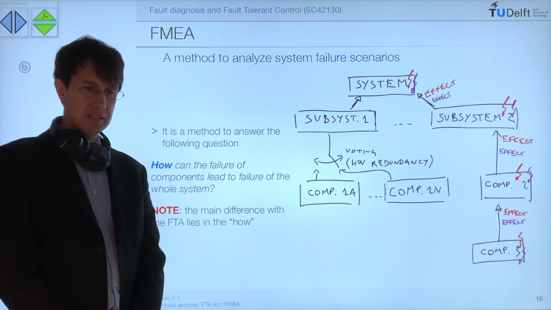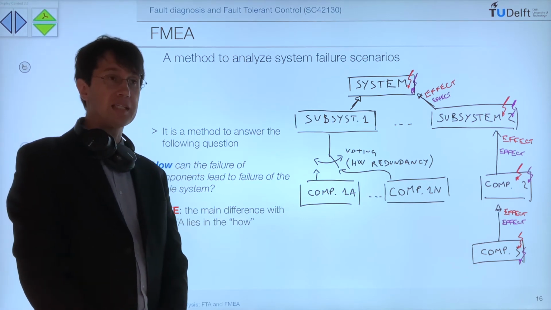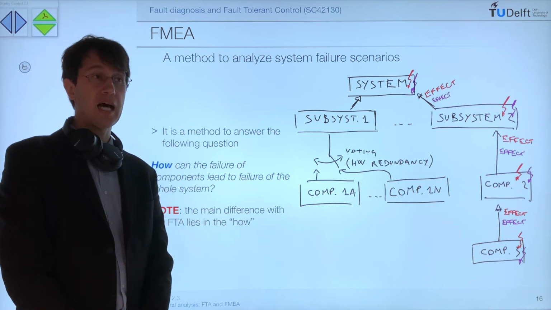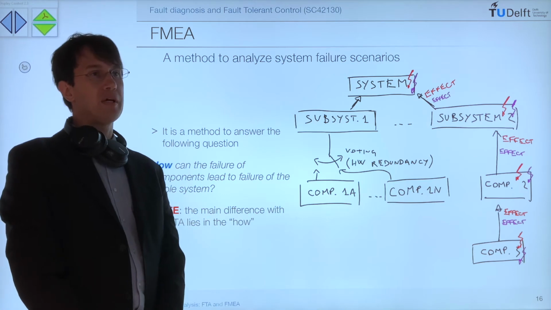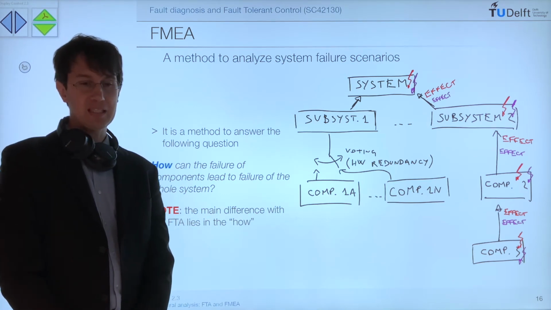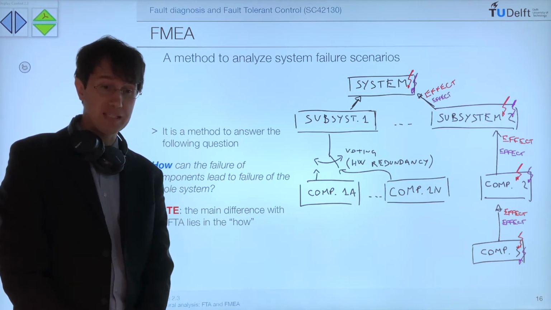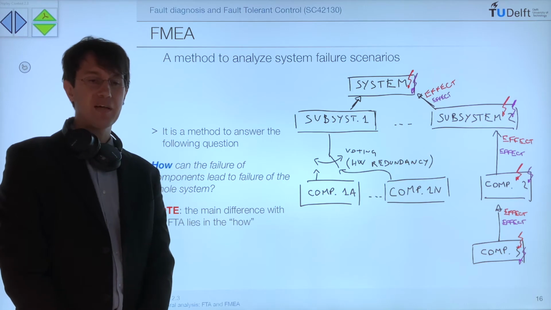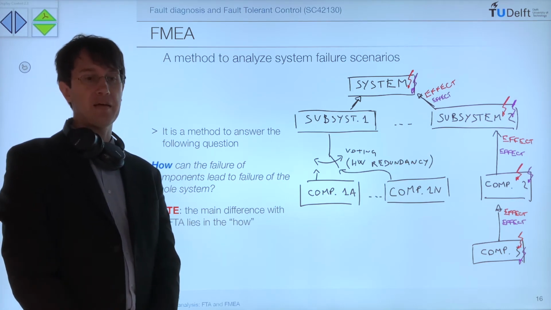So we had components that were either healthy or faulty, and we had the entire system that was either working or failed. If we want to know not just if and when a system is failing, but why and how a system is failing, we have another tool to look into, and indeed this is the FMEA.